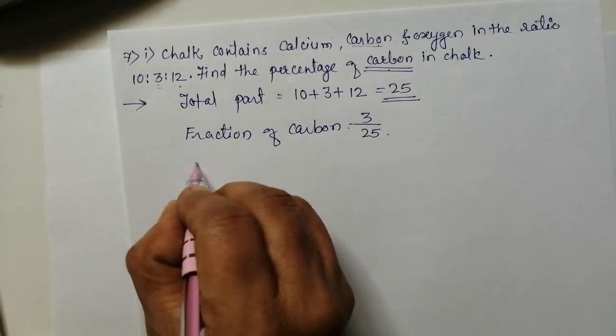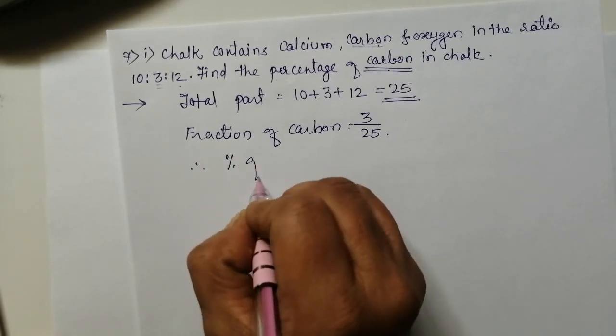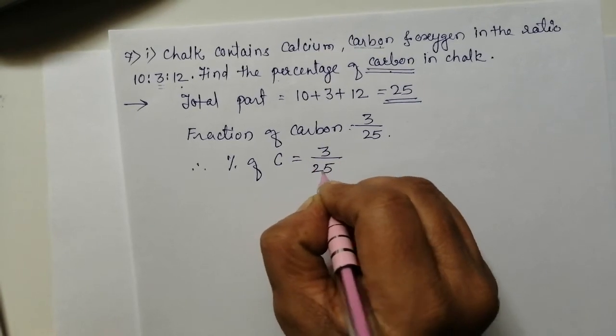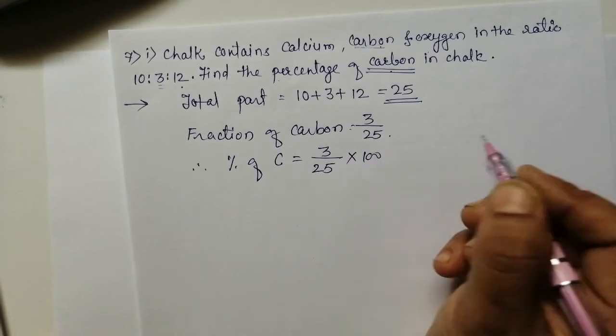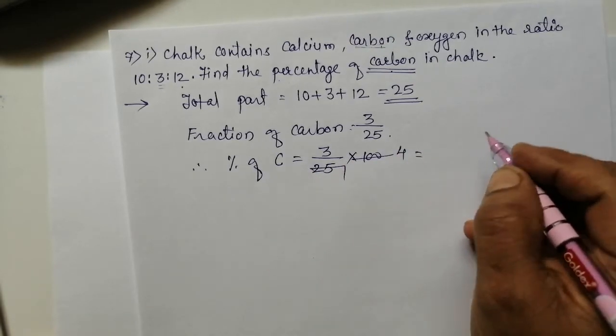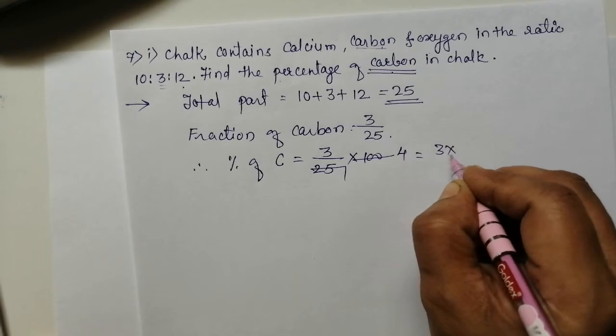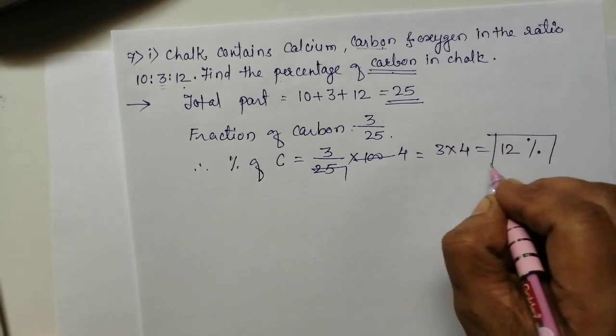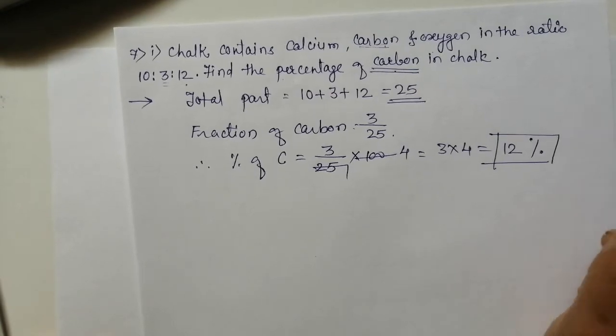So the percentage of carbon is equal to 10 by 25 multiplied by 100. That means 25 4s are 100, that is 3 4s are 12%. Means percentage of carbon is 12 in the chalk.